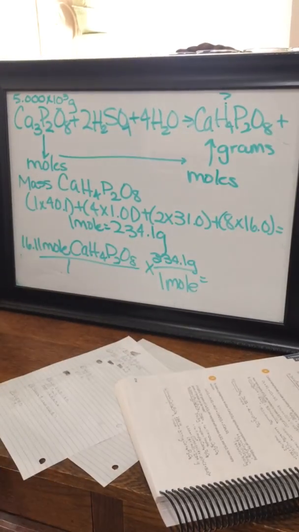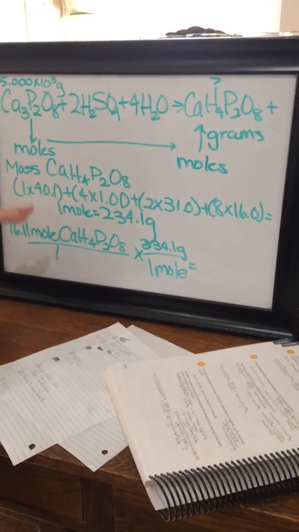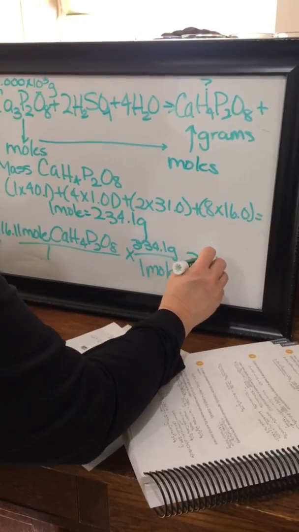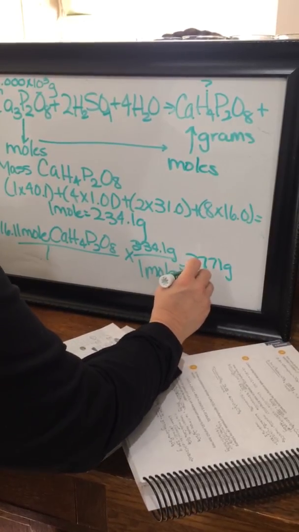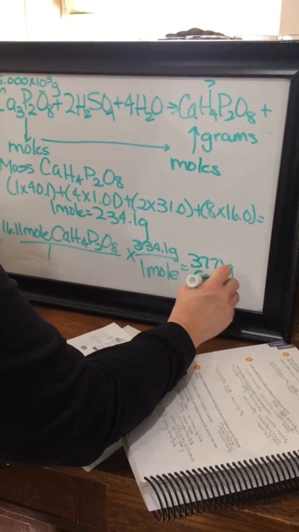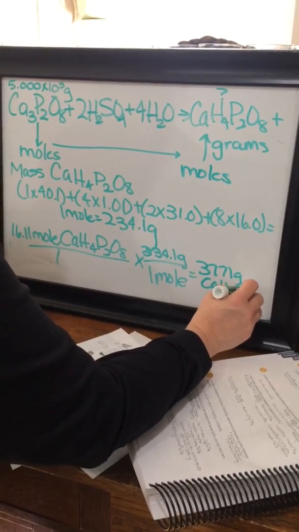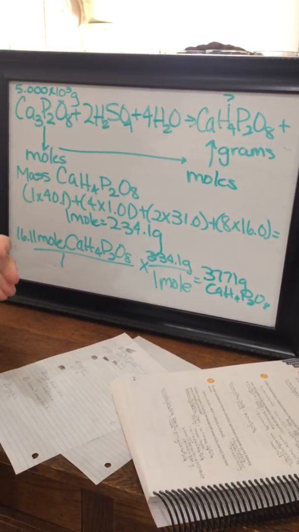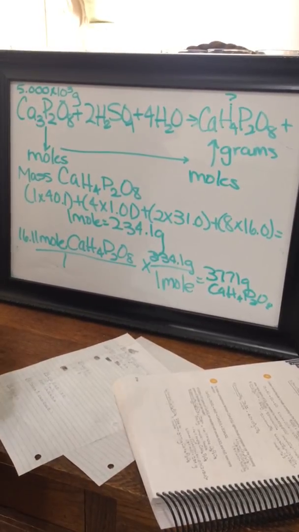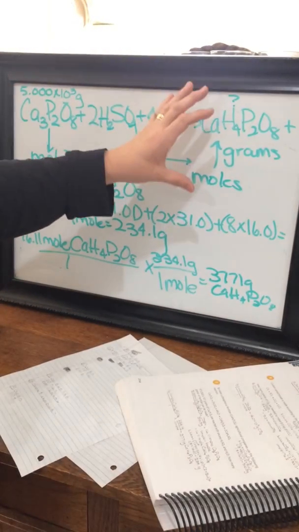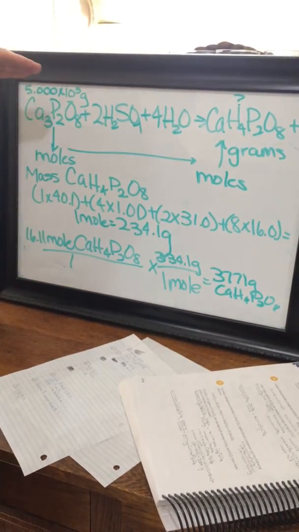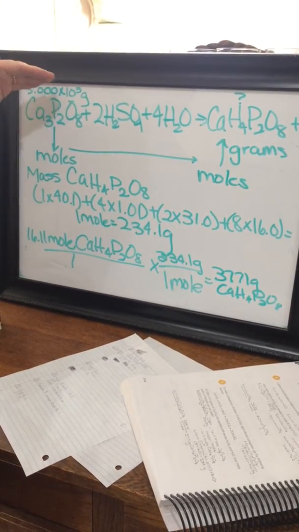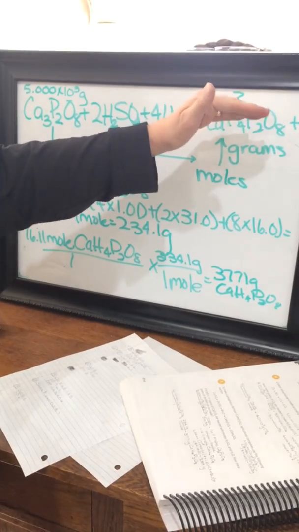And your answer should be, again, I haven't been saying anything about significant figures, but you should have 4 here, and so you should have 3,771 grams of CaH4P2O8. And remember, this is the stuff that matters because this is actually usable. You can't use moles when you're actually doing an experiment. But by doing what you're doing, you could actually do an experiment. If you knew you had this much of this with this equation, you could convert it and know how many grams of this you needed.